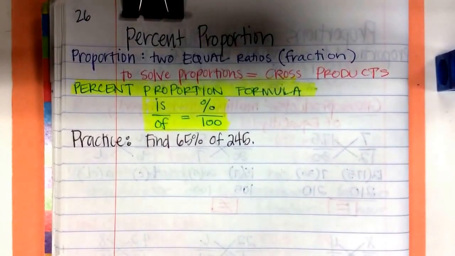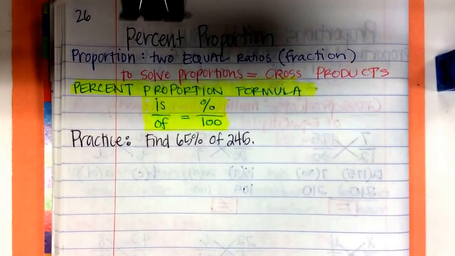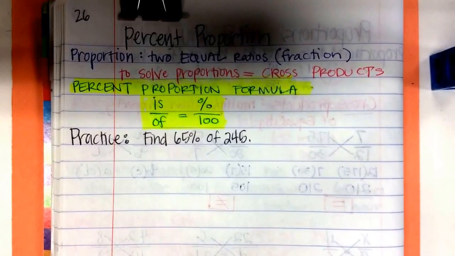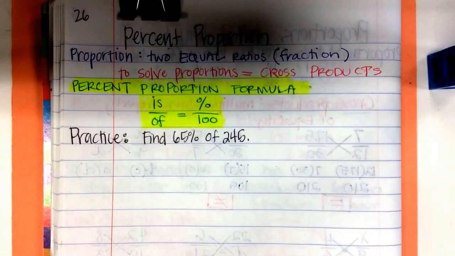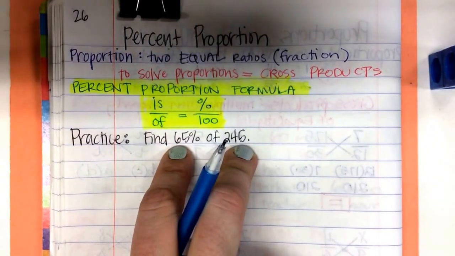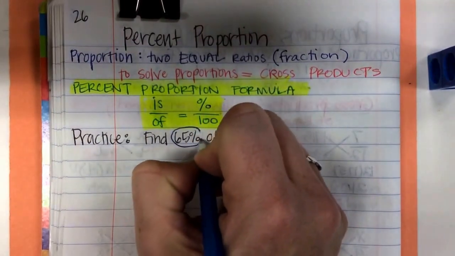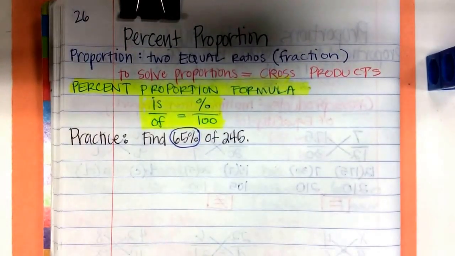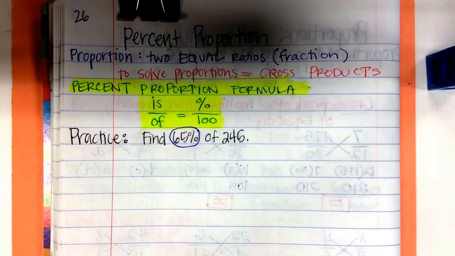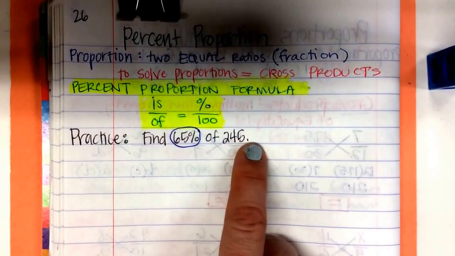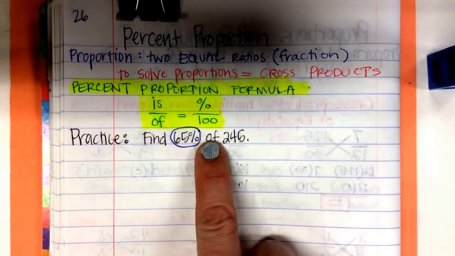You'll have a problem that says this tonight. Find 65% of 245. So here's what I do. I have two numbers in my problem. 65 is obviously my percent number. 245 touches the word of.